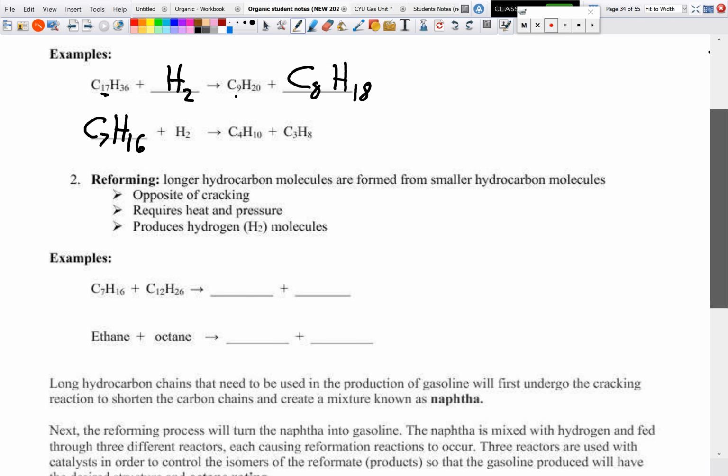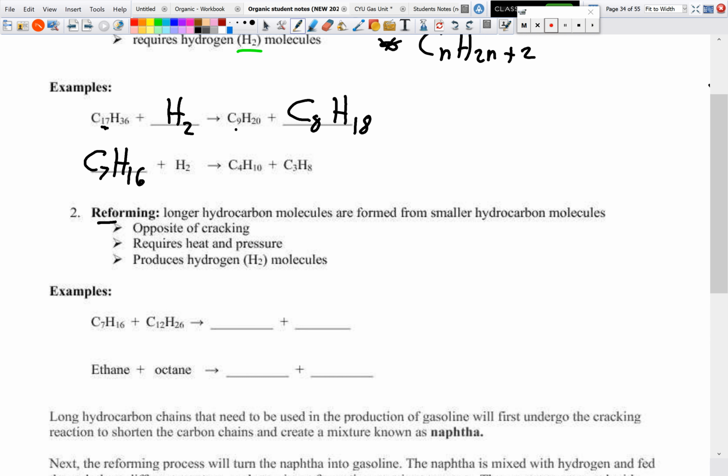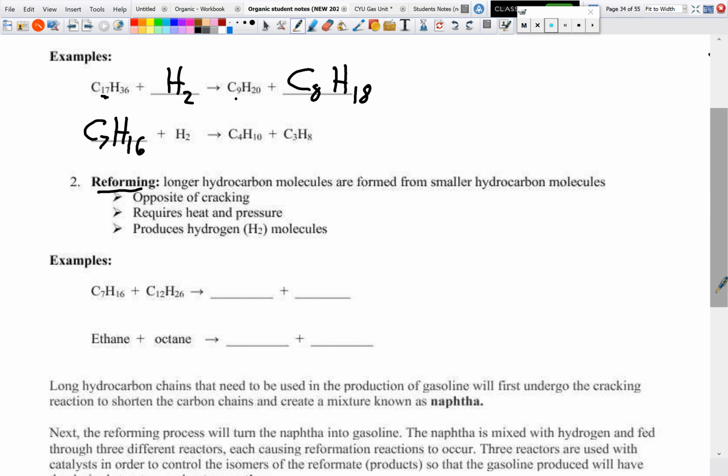Now, the reverse of this is called reforming. So it is the opposite of cracking. It requires heat and pressure again, and it produces hydrogen molecules. For reforming, you just got to make sure that your math adds up. So if we've got C7H16 plus C12H26, with 7 and 12 coming together, our new molecule is going to be C19, right?